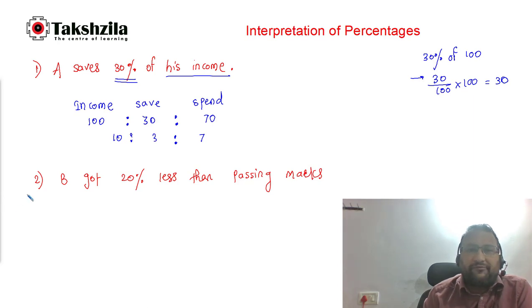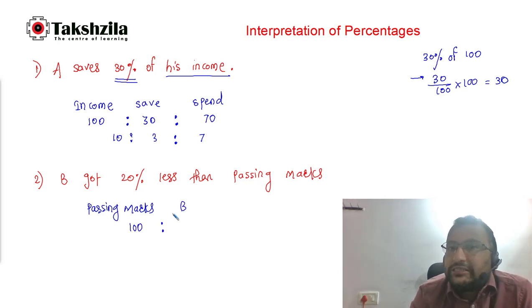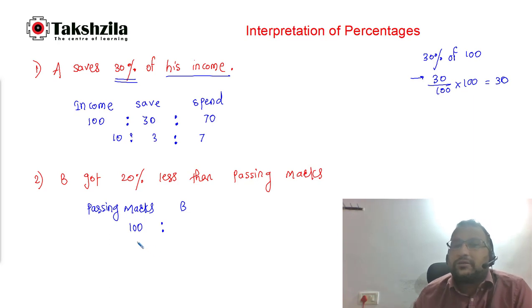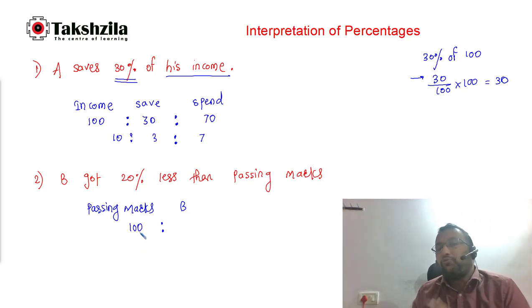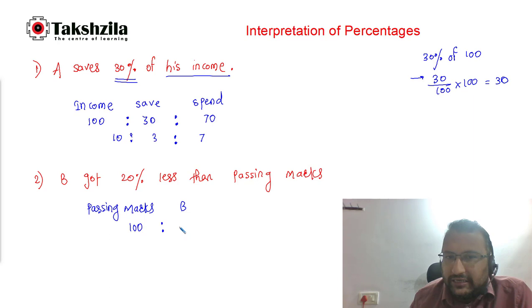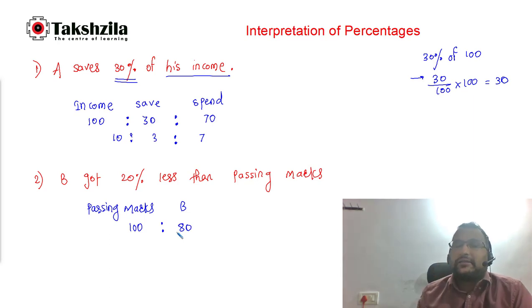Let's say I assume the passing marks to be 100, then how many marks will we be getting? We will be getting 20% less than passing marks. So 20% of 100 is 20. So 20 less now. 100 minus 20 is 80. So if the passing marks are 100, we will get 80 marks. The ratio of passing marks and B's marks is going to be 5:4 over here.